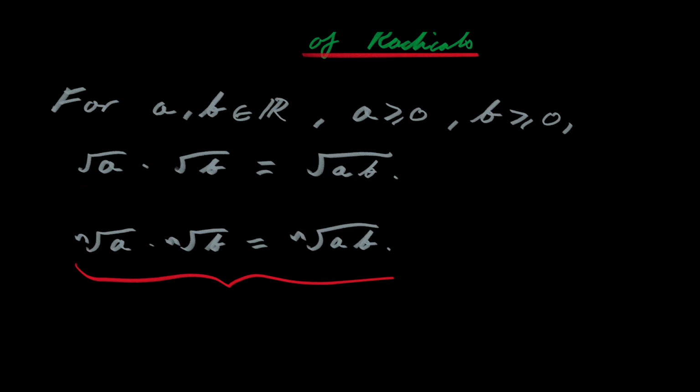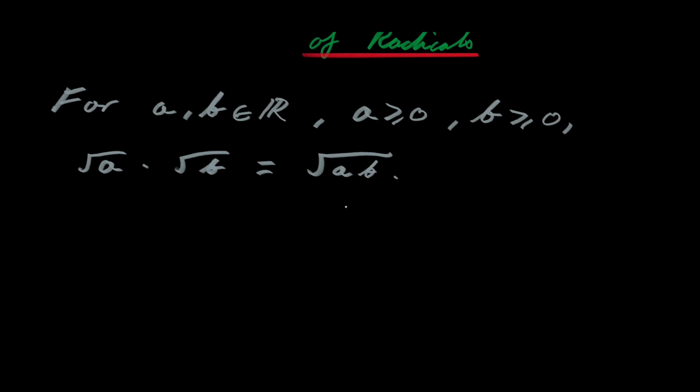So don't sweat it that I'm not proving it for nth roots. All you would have to do is change all of the square roots and all of the squares to nth roots and powers of n respectively, and the proof is structurally identical.